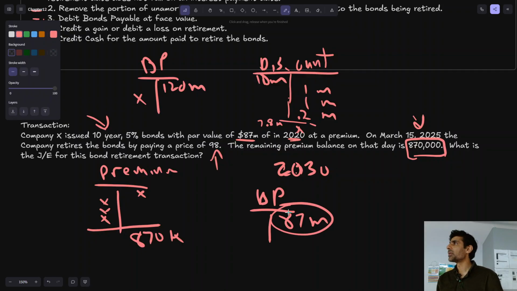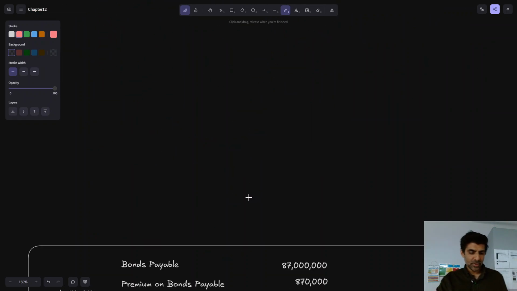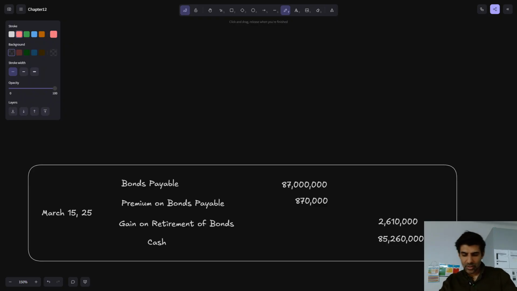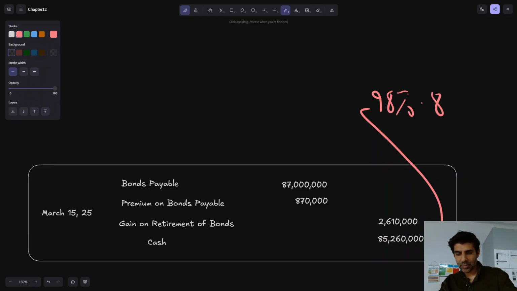So whenever you see a price, the calculation is not going to be based on this net. It's going to be based on the par value. So it would be 87 million times 98%. That's how much cash your company's putting out to retire the bonds. So again, 98% times 87 million. That's how we got to that amount.